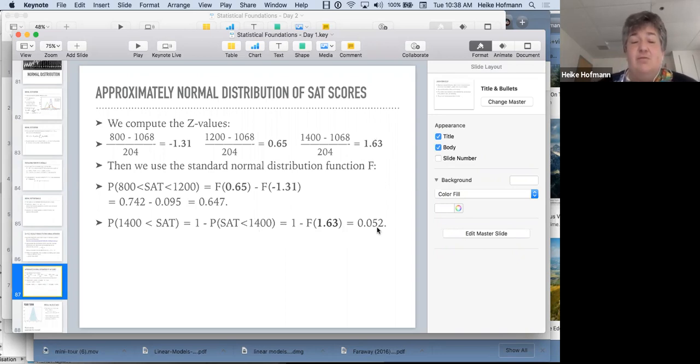So having a score above 1400 already puts somebody in the top 5% nationwide in 2018. All right, so the easiest way to work with normally distributed random variables is to standardize them by subtracting the mean and dividing by the standard deviation. And we can do that because of the linear propagation property of a normal distribution.